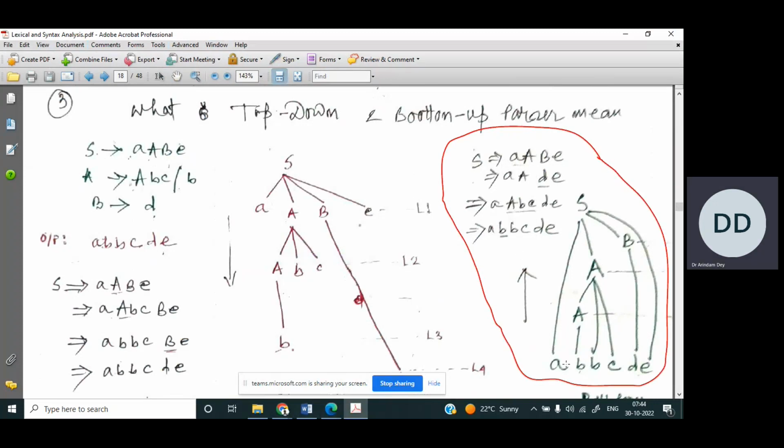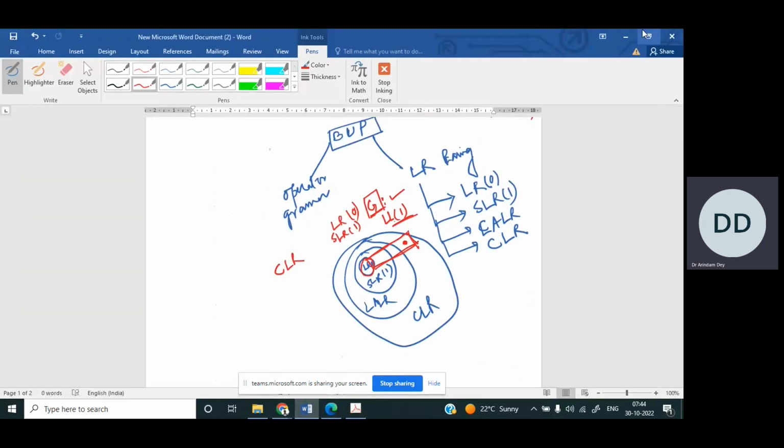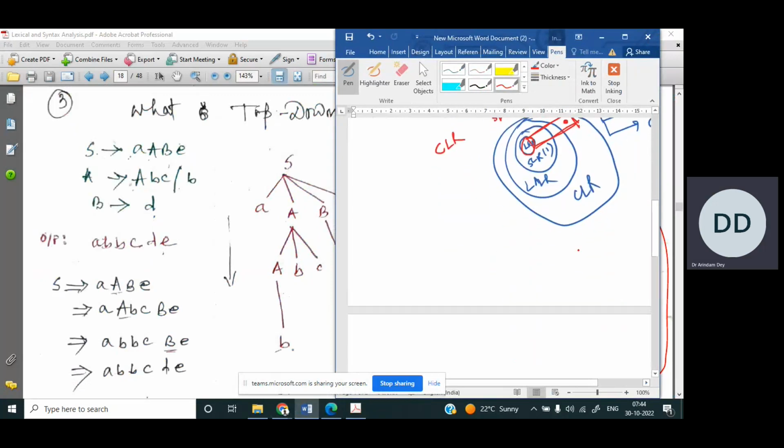Correct, the same example I had taken. I had approached in bottom up manner, right? What I did, I had taken this string first. After taking that string, I broke the string in every segment that I can. So first A, B, B, C, D, E, that string I had taken. Let me show it here, how I did it.